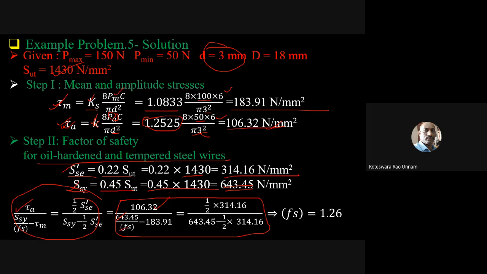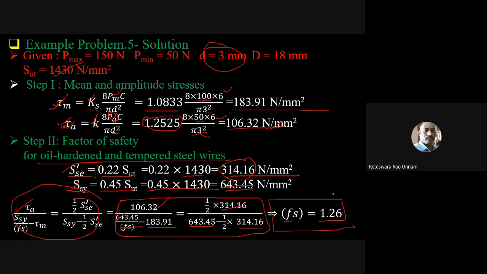Tau M, mean stress, is 183.91. Then S_sc dash divided by 2: S_sc dash we got as 314.16, into 1 by 2 here. Then here S_sy, which is 643.45, minus half into S_sc dash, which is nothing but 314.16. So now in the entire equation, only Fs is unknown. If you simplify and evaluate this equation, you get the factor of safety as 1.26.